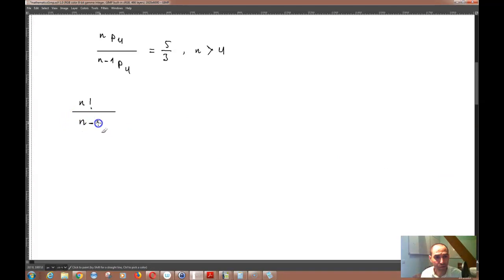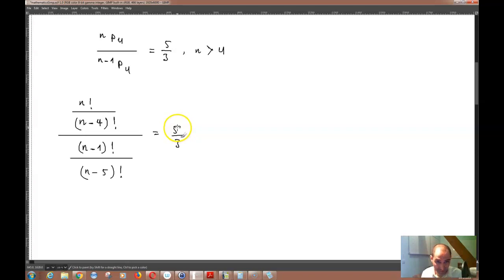And then the denominator becomes (n minus 1) factorial over (n minus 1 minus 4), which is (n minus 5) factorial, which is equal to 5/3.